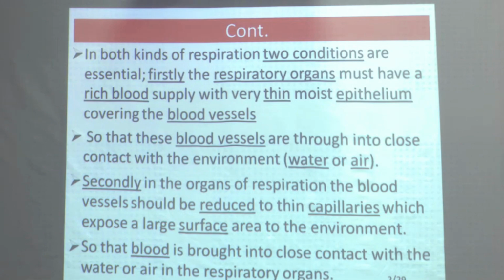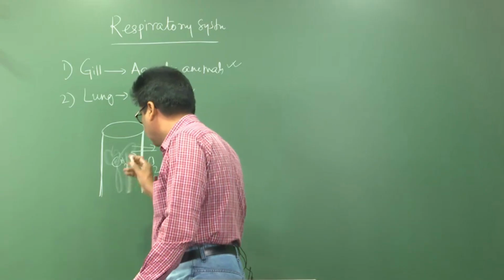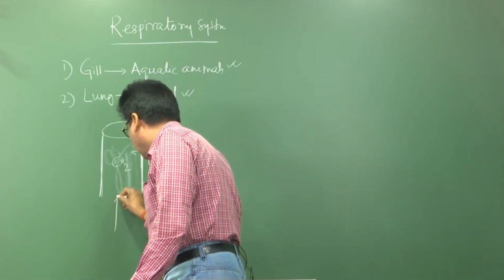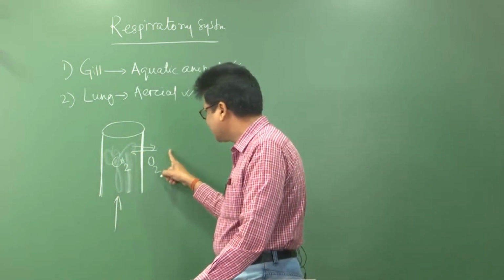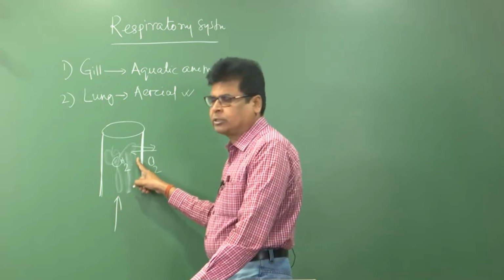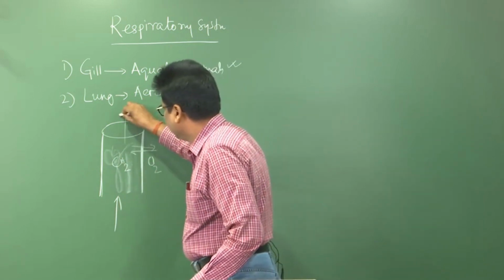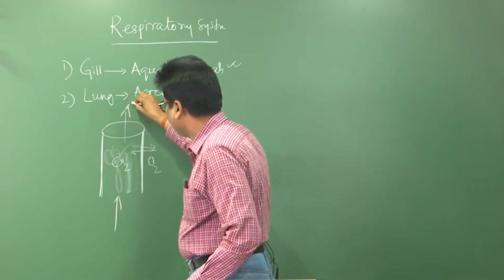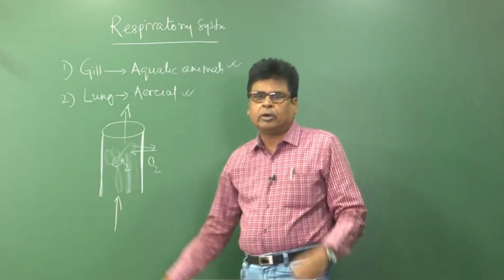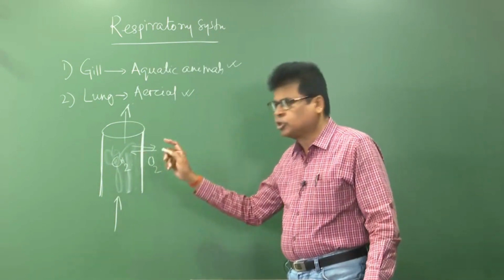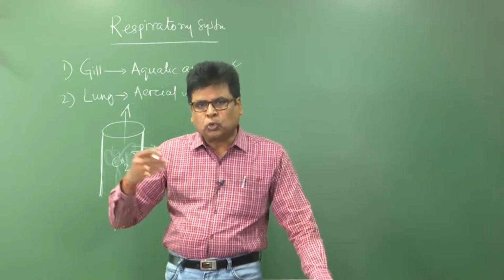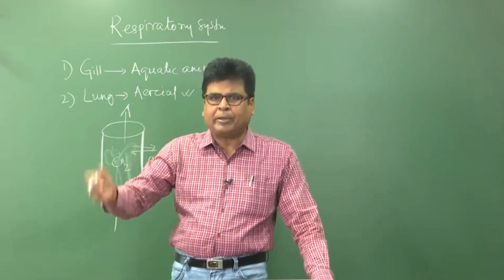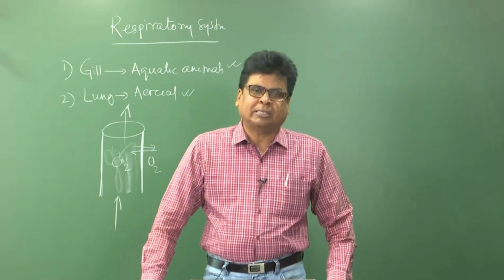The most important thing is that this blood, which is now filled with carbon dioxide, once exchanged, will become rich in oxygen. This blood will then supply the different organs, and these organs will get the oxygen. So this membrane must be thin and have capillaries, so that it provides maximum area for exchange of these gases, okay.